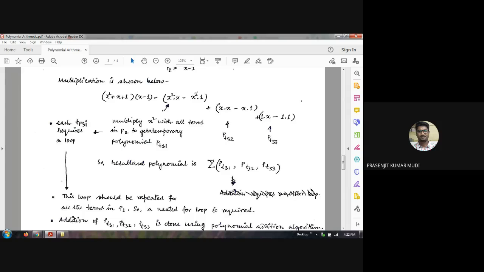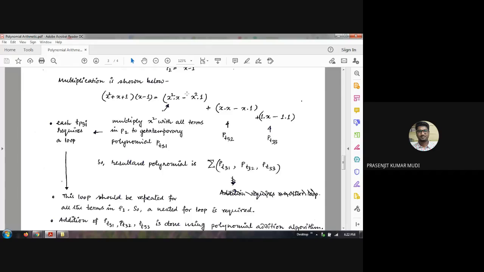So how many multiplications are you doing? 2. Why 2? Because the number of terms in poly 2 is 2. If the second polynomial contains 4 terms, then 4 such multiplications you have to perform. So if m terms are present in the second polynomial, then you have to perform m multiplications to construct one temporary polynomial.